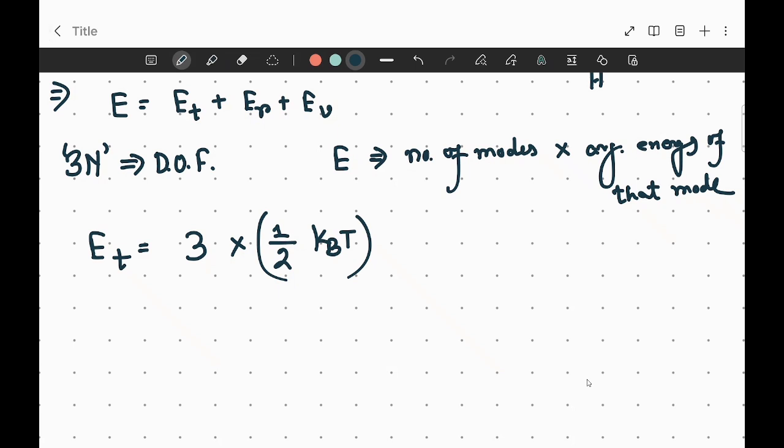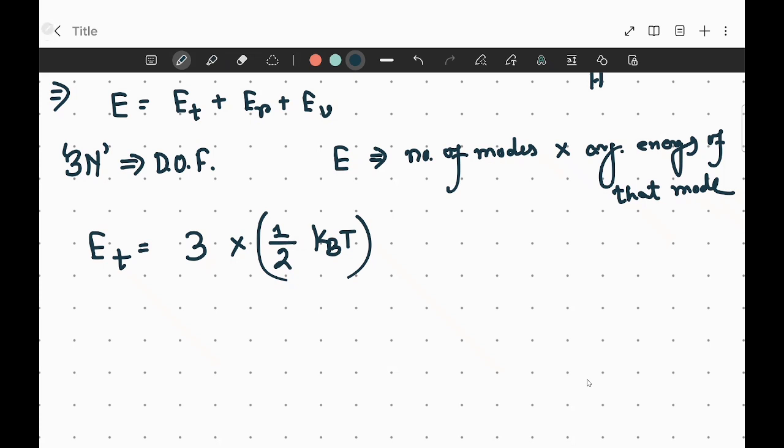So this is 3 by 2 kBT. I calculated it from kinetic theory of gases. That kinetic theory of gases, that is Maxwell distribution, right? Okay. So this is 3 by 2 kBT.